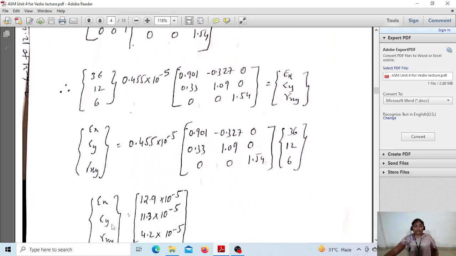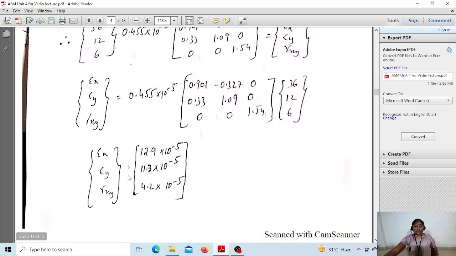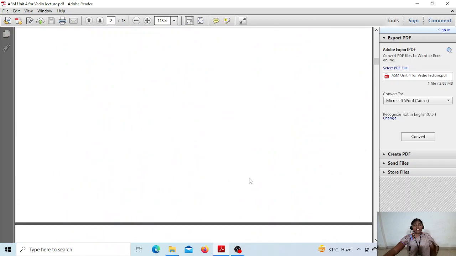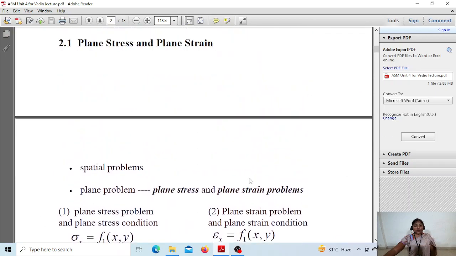Now if you multiply, finally you will get your answer as epsilon x is 12.9 into 10 power minus 5, epsilon y is 11.3 into 10 power minus 5, gamma xy is 4.2 into 10 power minus 5. Alternatively, we have an equation here. Let us go back once.